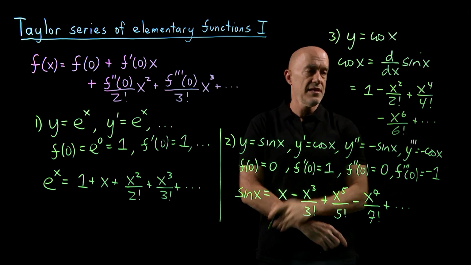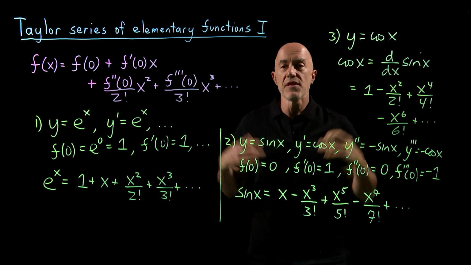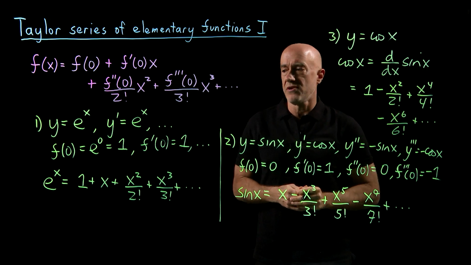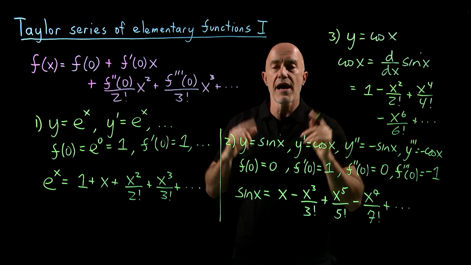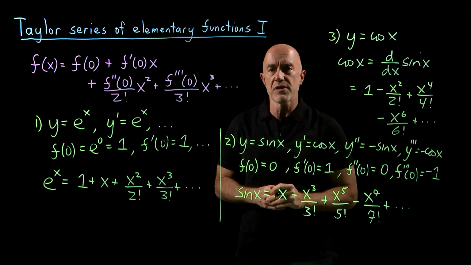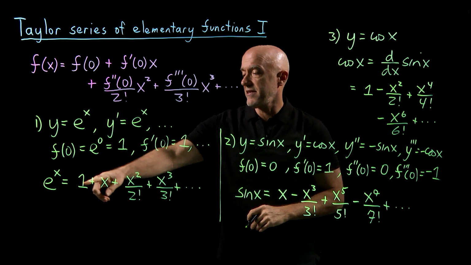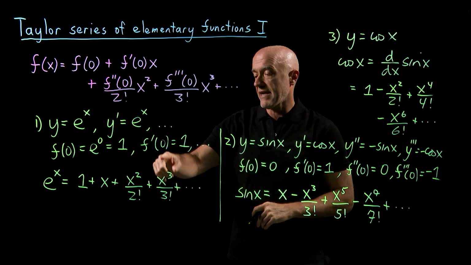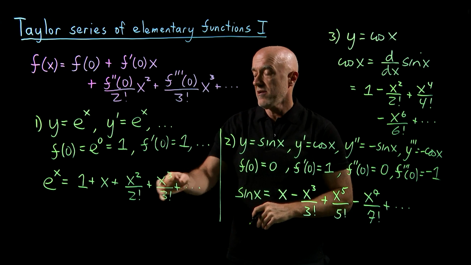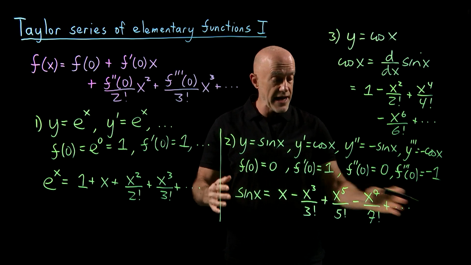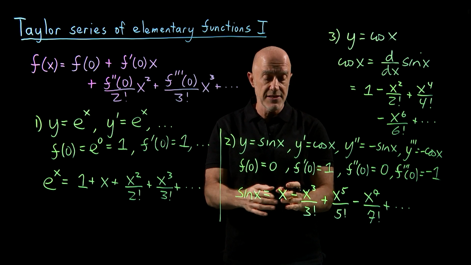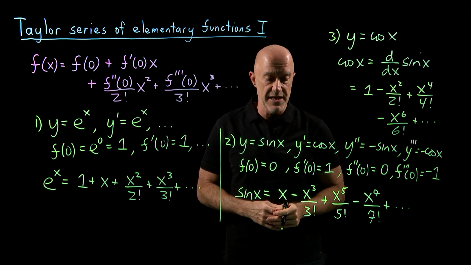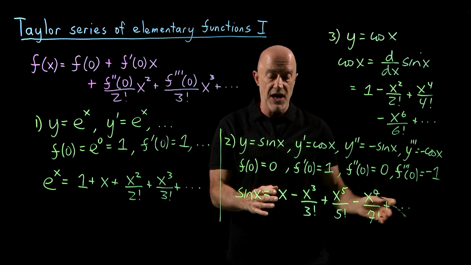So these are three very important Taylor series that you need to memorize because they're used frequently. So e to the x is 1 plus x plus x squared over 2 factorial, plus x cubed over 3 factorial, plus etc. Sine x has leading order term x. It has only odd powers of x. It has alternating signs.